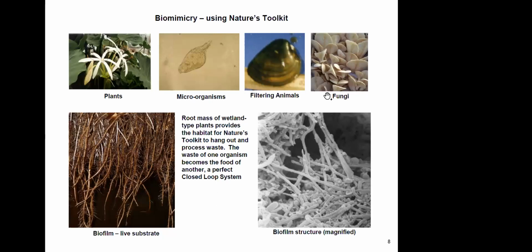So remember that these biological resources are what we use, and in itself these are a closed loop, because the microorganisms, as they die off, are eaten by the filtering animals. As these die off, they are eaten by little fish, and in itself this is a nice little closed loop cycle.